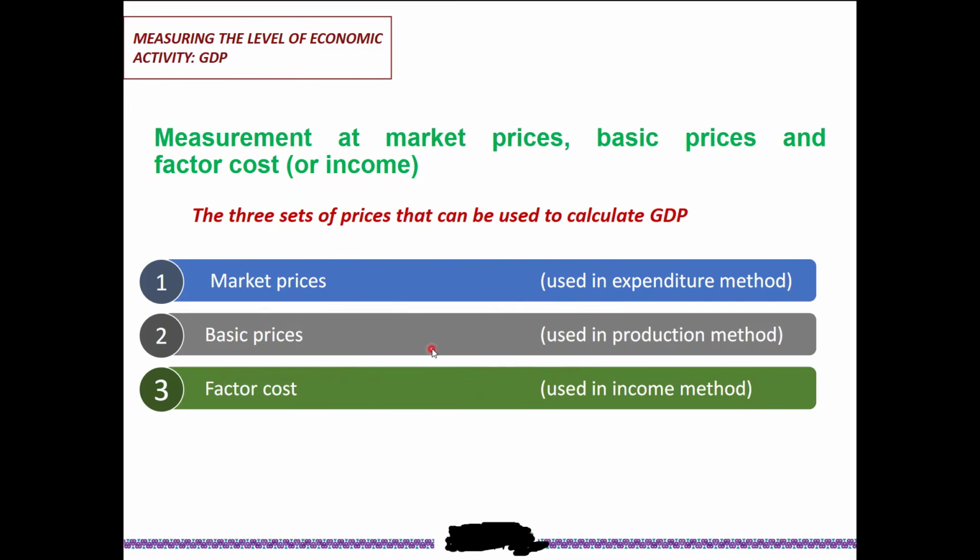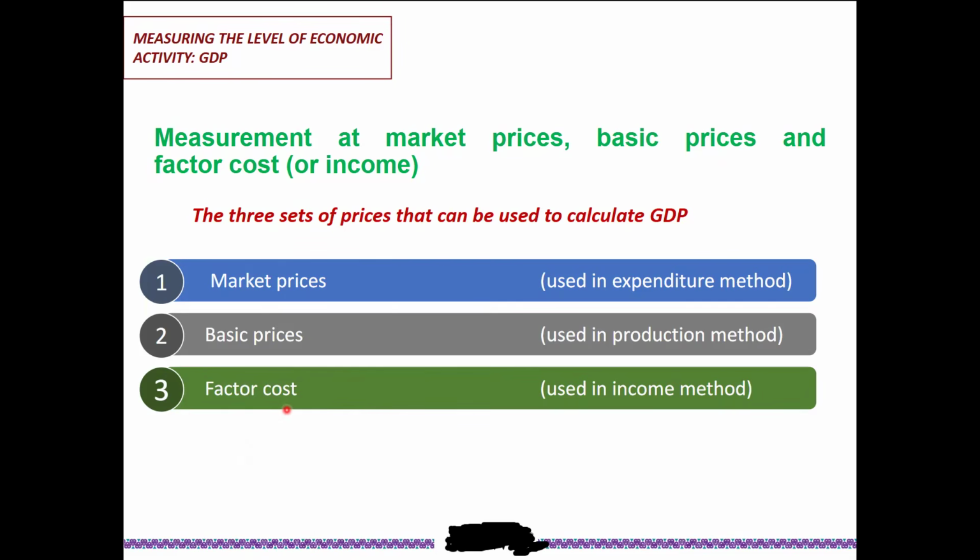Then for basic prices, obviously it's the method that is left, which is the production method or the value added method, right? So for GDP at factor cost, I'm like, which method am I going to use? Then I remember, okay, factor cost, those are the factors of production. The factors of production, they do what? They earn income, right? For their factors. So obviously if they're saying GDP at factor cost, I'm going to use the income method, right?